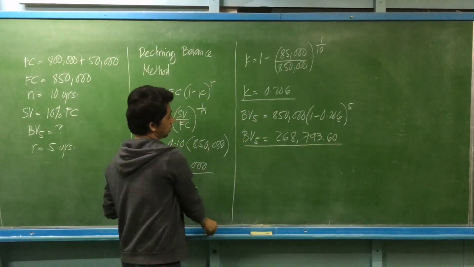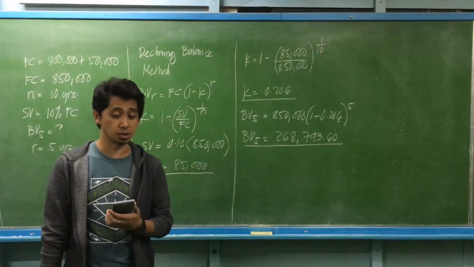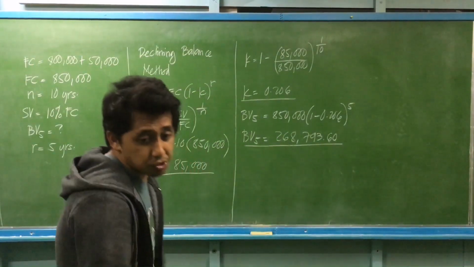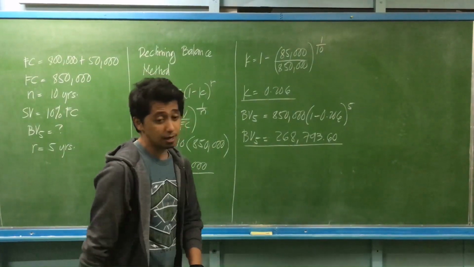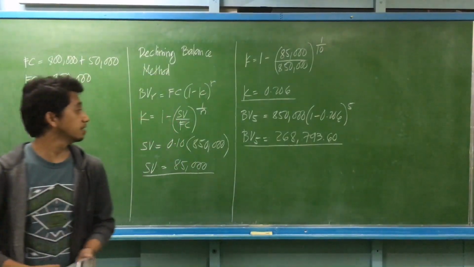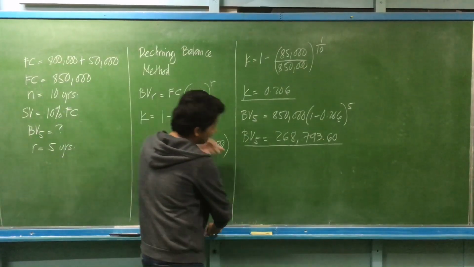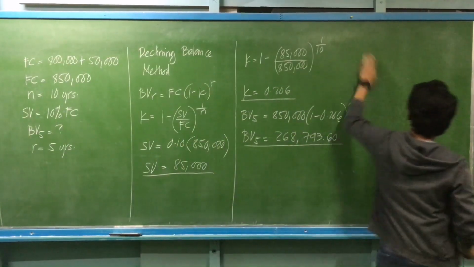Okay, so 268,793.60. So choices. 268,794, letter A. So yun yung isang procedure natin, ay the common procedure.